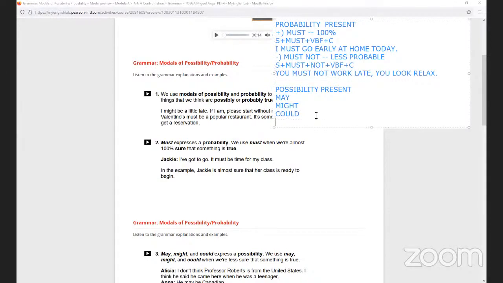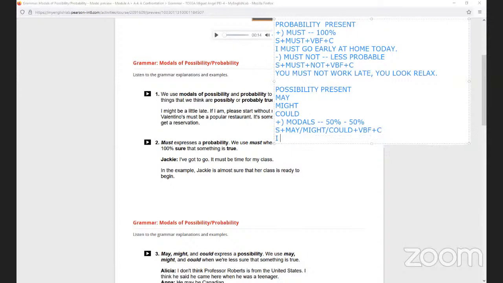If I talk about affirmative statements with modals, it is going to mean possibility, 50-50. It is not 100%. It could be, it couldn't be possible. In the affirmative structure, I can use may, might, or could, plus the verb in base form and the complement.